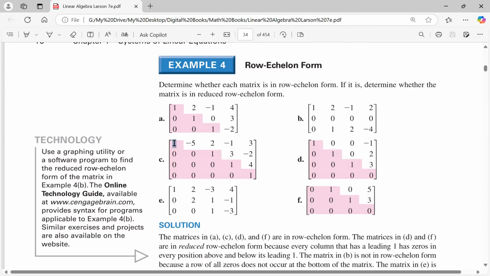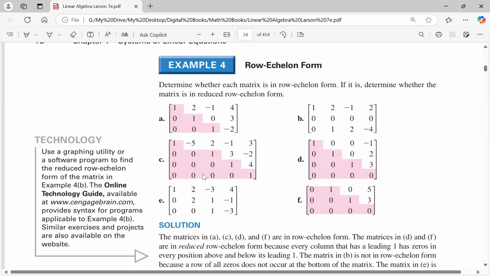So look at C. You have the leading one, and then directly below that you have 0, 0, 0. That's good. Look at the second row. Here's 0, so don't worry about that one. But look at the 1. This is the leading one in the second row. Directly below that, you have 0, 0. That's good. And then in the fourth column, you have the leading 1, with 0 directly below it.